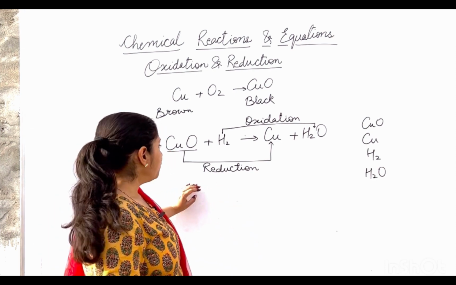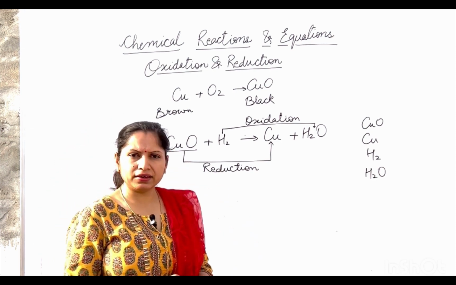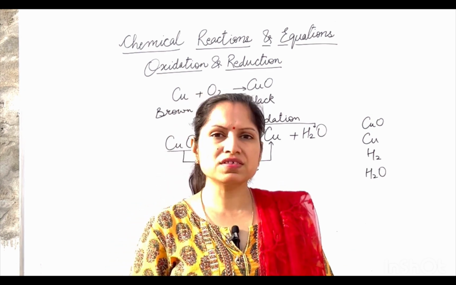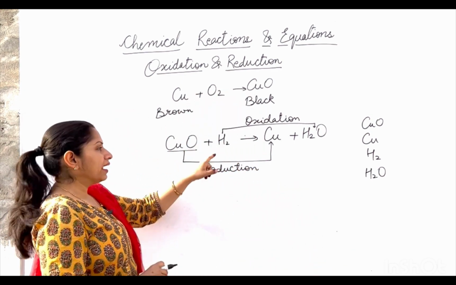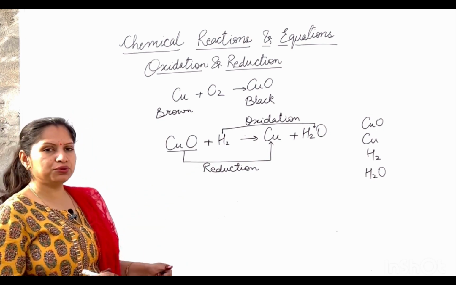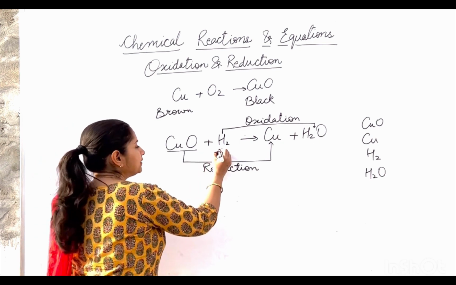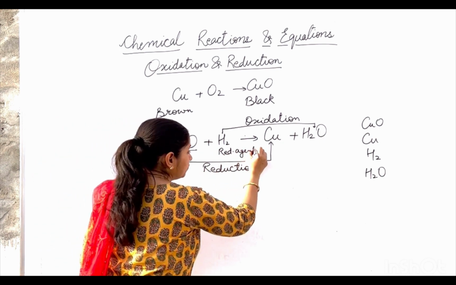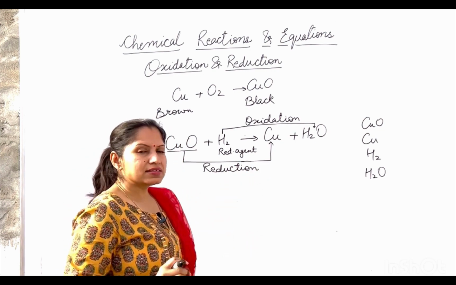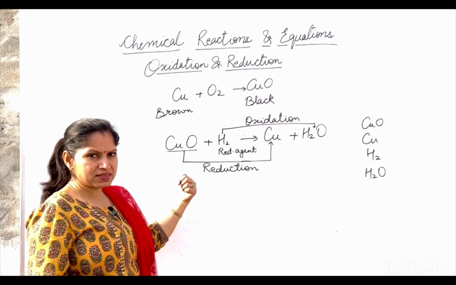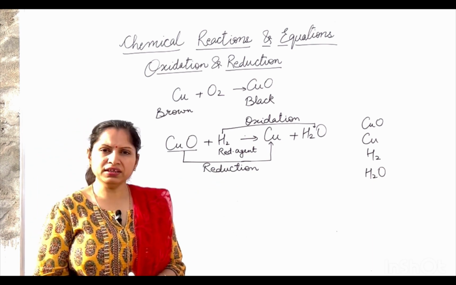Now, when there is reduction of copper oxide, which substance in the reaction is helping copper oxide to get reduced? That is hydrogen. So hydrogen is known as the reducing agent. A substance that carries out the reduction of some other substance will be known as a reducing agent.